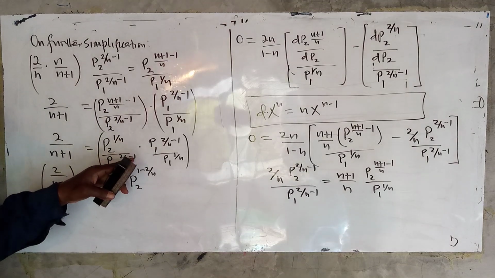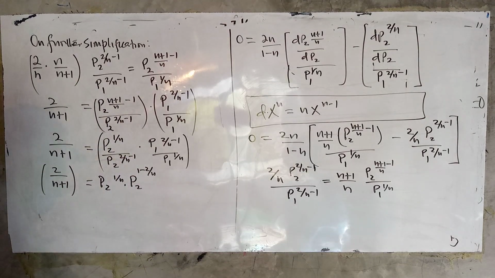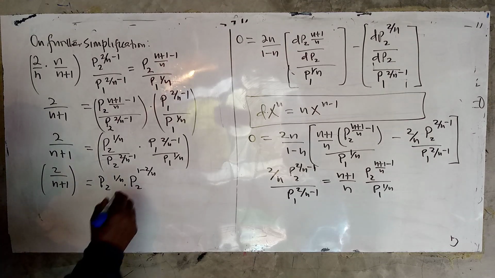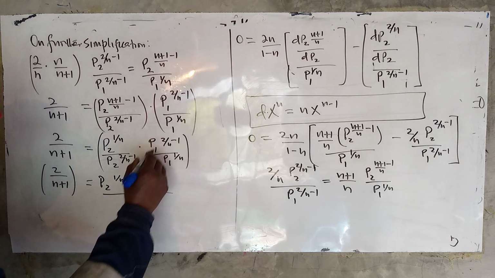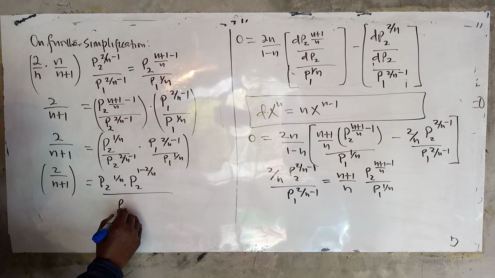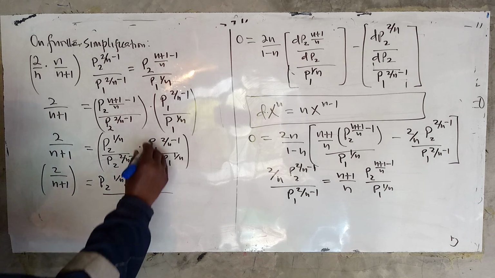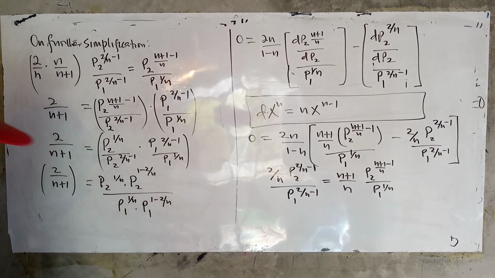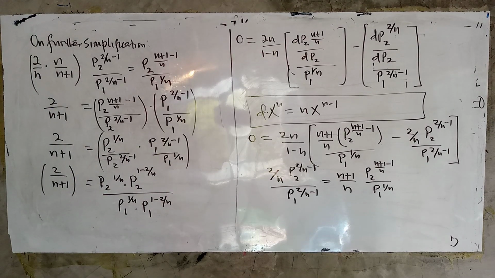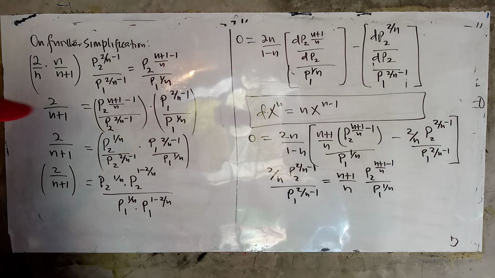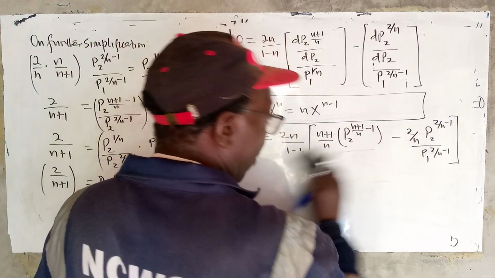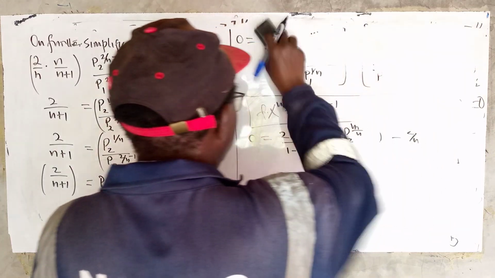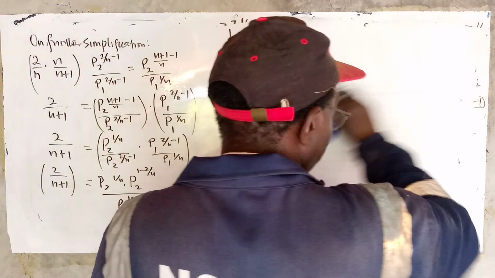So that sign will change to be 1 minus that, because you're multiplying the negative of that quantity, divided by P1, 1 over n times P1, 1 minus 2 over n. So let us simplify these expressions using the law of exponents.